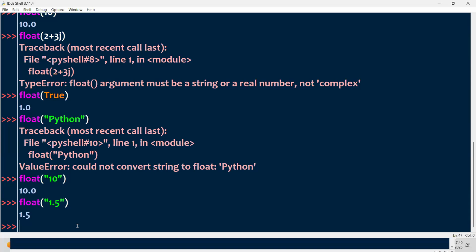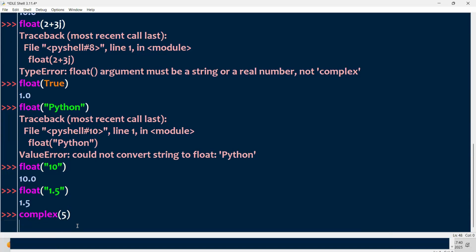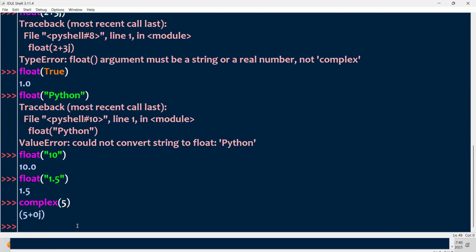Next, complex. Let's take here complex. So complex, here I will take a single value. Okay, so we are able to convert the integer to complex.